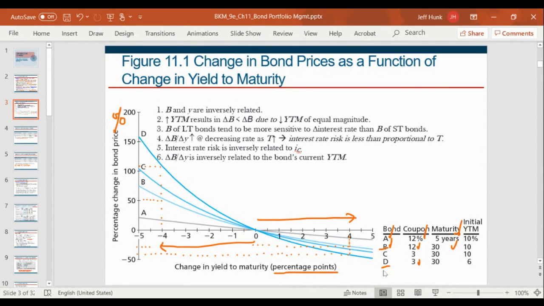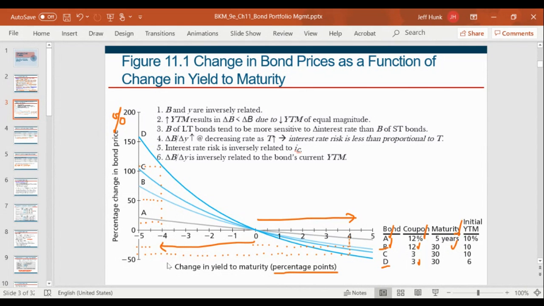And starting from 10%, if the yield falls 4 percentage points, then that will be at 6%. If yield is 6%, right? Bond A, which is short-term, price goes up.